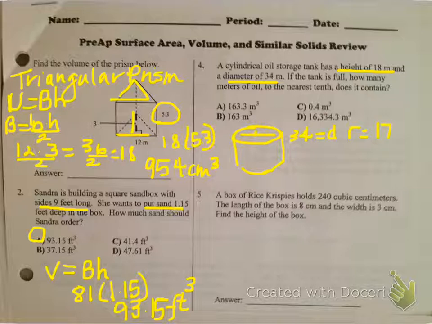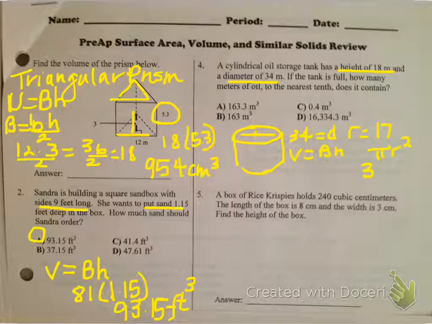And then I need to find out my volume. So I'm going to use my volume formula for a cylinder, which is volume equals area of the base times the height. Remember that area of the base for a cylinder is a circle, is pi r squared.